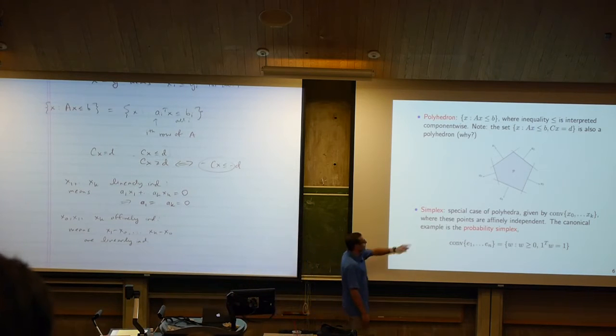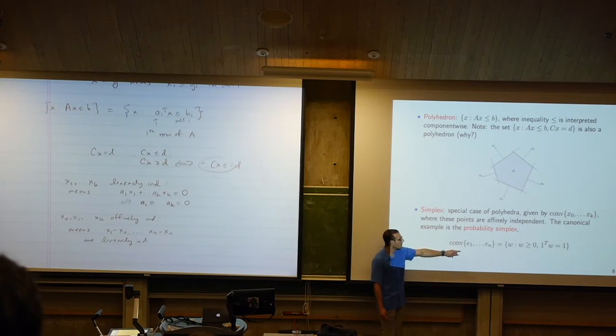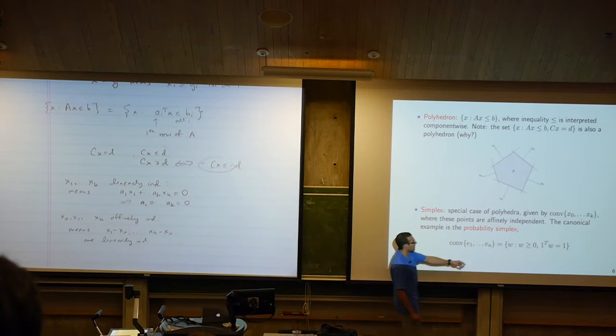So that's what a simplex is, and the most common example of a simplex is the probability simplex. It's given by the convex hull of the standard basis vectors in Rn. It's called the probability simplex because it's the set of all vectors w that are non-negative in every component.